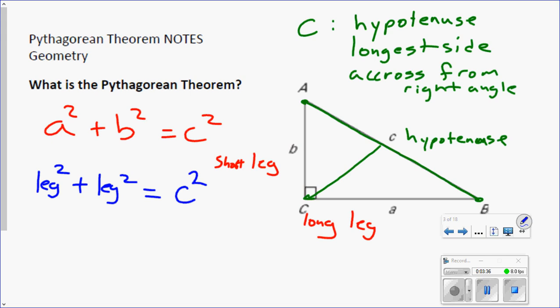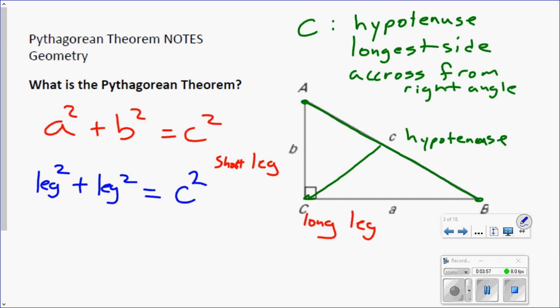So trying to go by A, B, and C may not always work, because sometimes they'll call it X. Sometimes they'll call this over here H, and that stands for height, not hypotenuse. So you're going to get a bunch of letters.